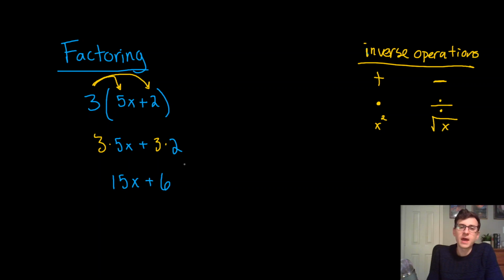Well, this comes back to the idea of finding the greatest common factor, right? What's the greatest common factor of 15x and 6? Well, remember in the last video we said, okay, I need to find the greatest common factor between 15 and 6. And then x, I would find the greatest common factor between x and any x's over here, but there's not.